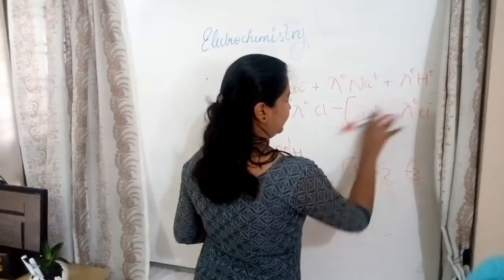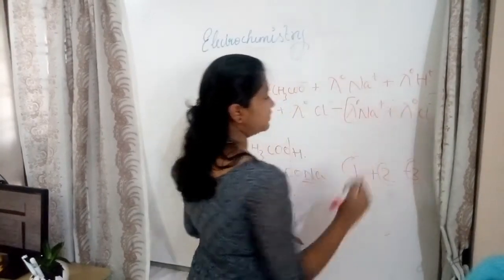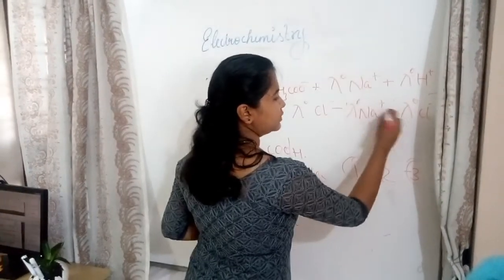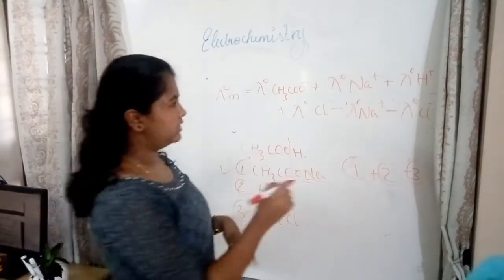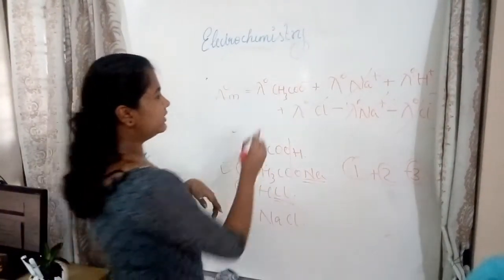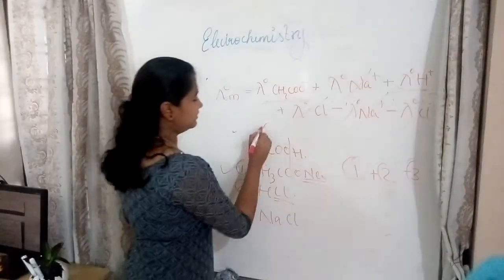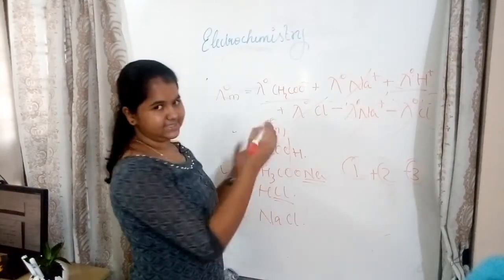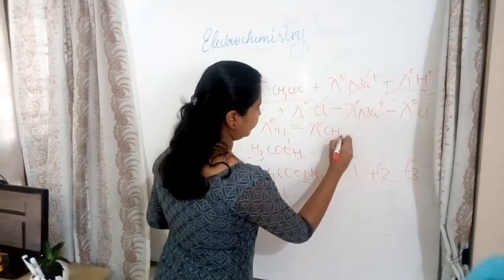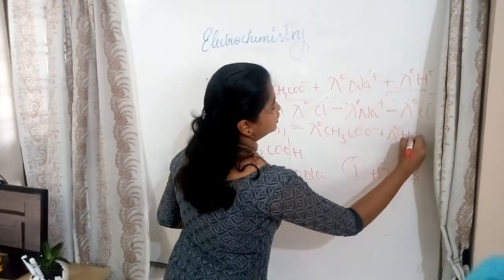Sorry, over here I forgot to put a plus, lambda 0 Na plus. If there is a minus, all of these will become minus when you open the bracket. So you will cancel this with this, and this with this. So you have got the lambda 0 m of CH3COOH is equal to lambda 0 CH3COO minus plus lambda 0 H plus.